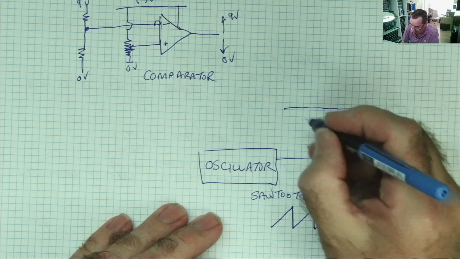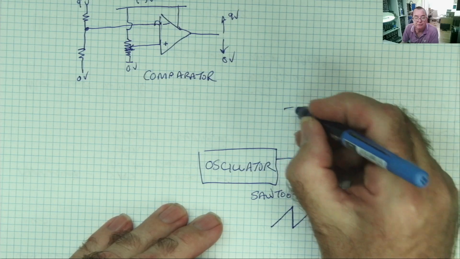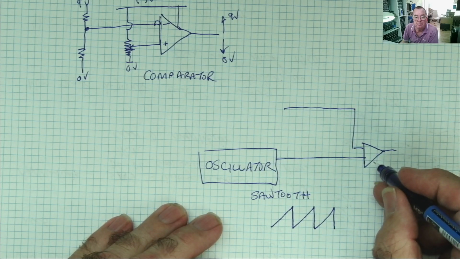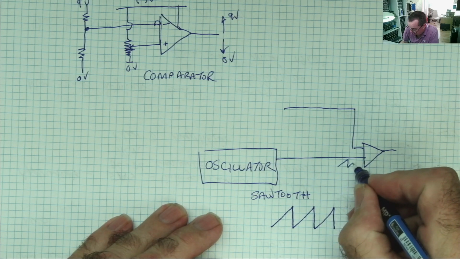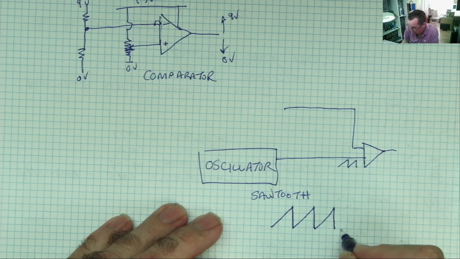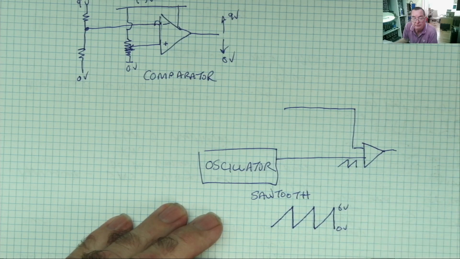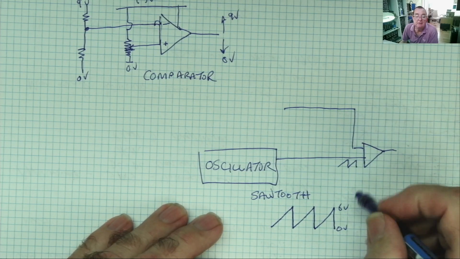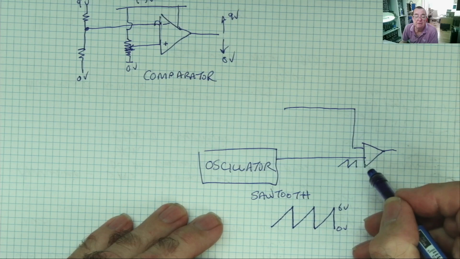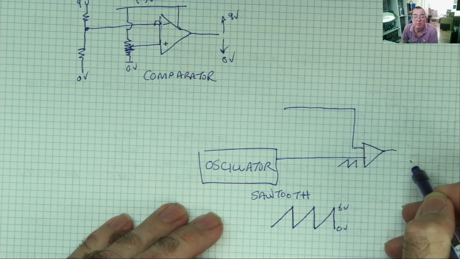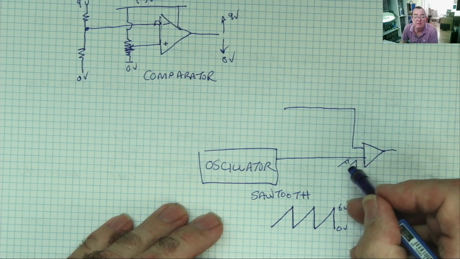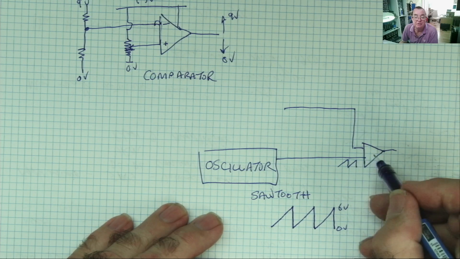Let's just picture what happens if we have a certain voltage on here. So what happens on the output? Well, this is ramping up and down. Let's say it's going between 0 volts and 6 volts. While the voltage here is lower than the voltage there, the output will be low. Only when the voltage here is higher than the voltage there, it'll be high.